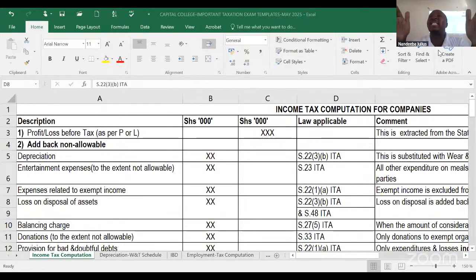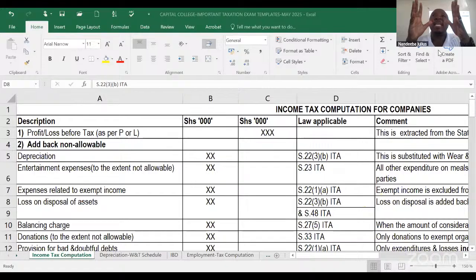When you have an entity that is in the manufacturing sector, you're going to have assets in the wear and tear schedule falling in class 2. You won't avoid that. If you have an entity that is in farming, there are certain things that you will remember. Number one is that it will have some assets in class 2, but it will also have some assets in class 3.